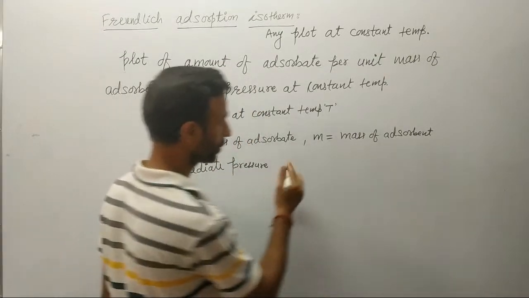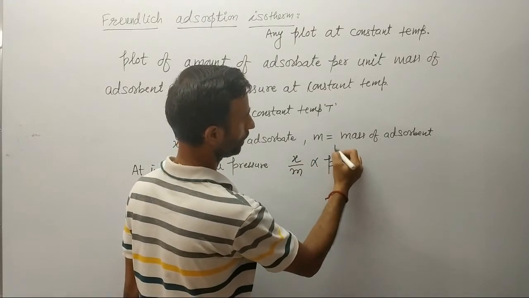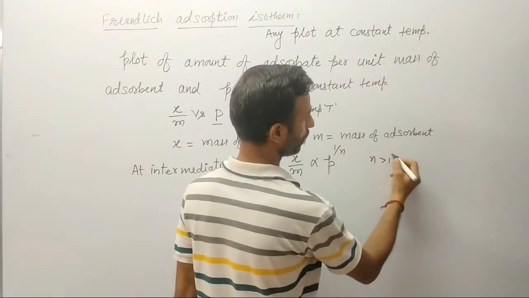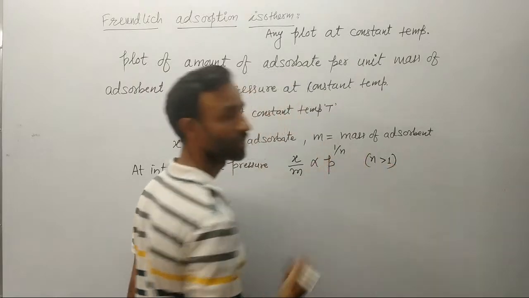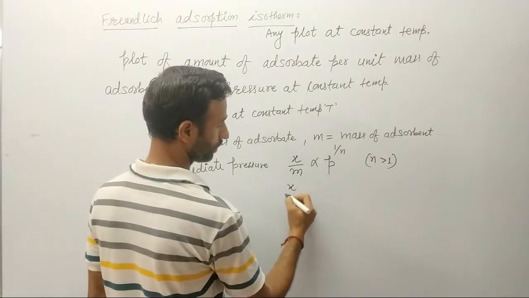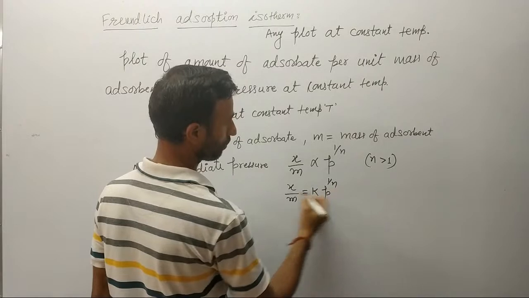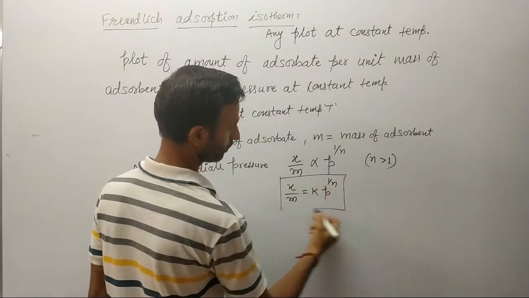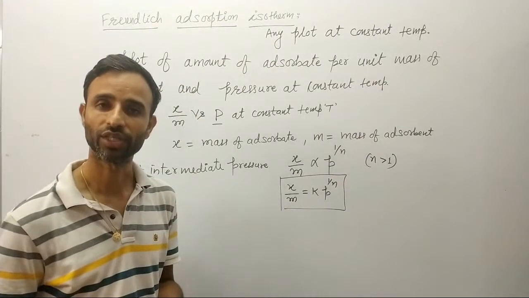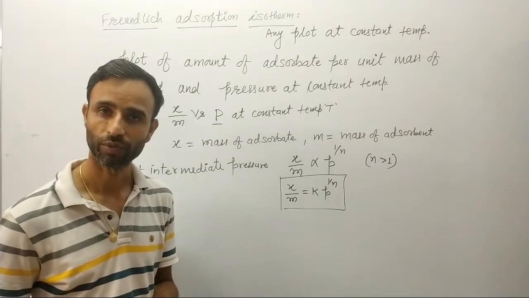At intermediate pressure, x upon m is proportional to p raised to power 1 upon n, and n is greater than 1. This plot, x upon m equal to k into p raised to power 1 upon n, is called Freundlich adsorption isotherm. This is the Freundlich equation.